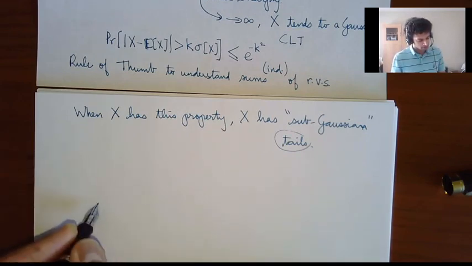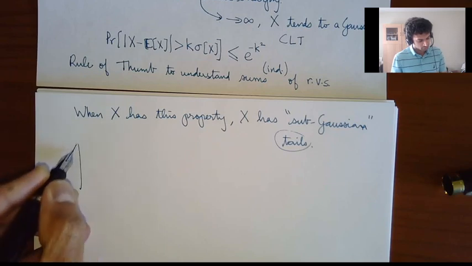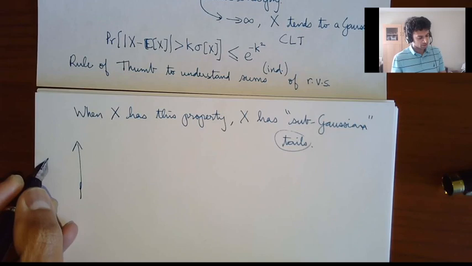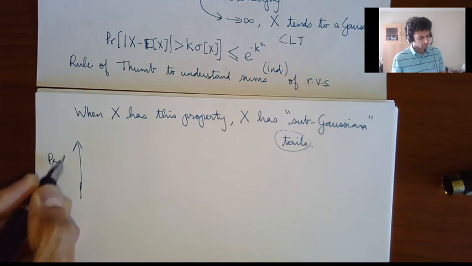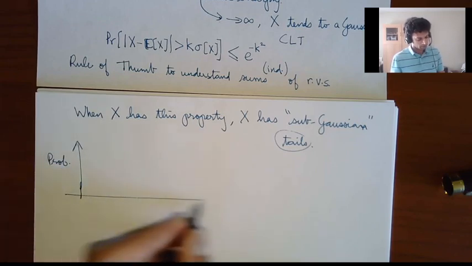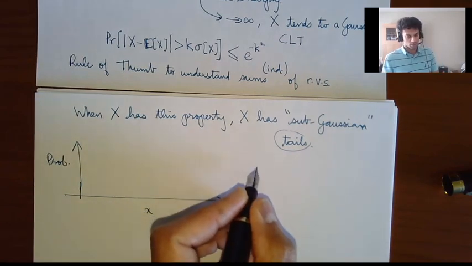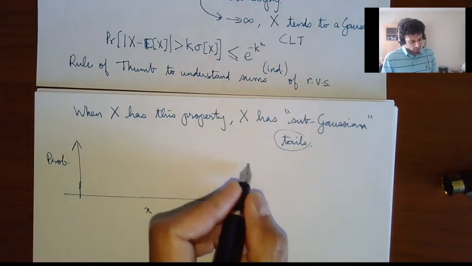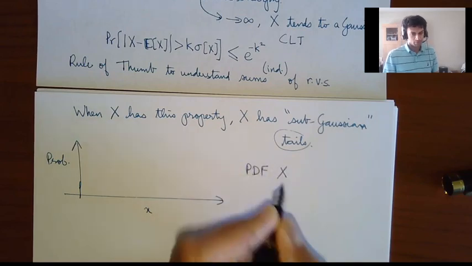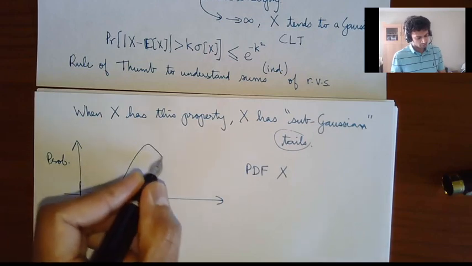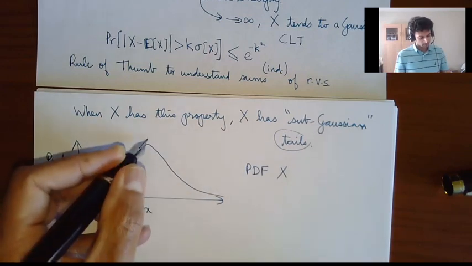So let's just think of, I'm just going to draw a cartoon, and let's just say, roughly speaking, this is the probability, like, the PDF, the probability density function of x. Okay, and let's say it looks something like this.